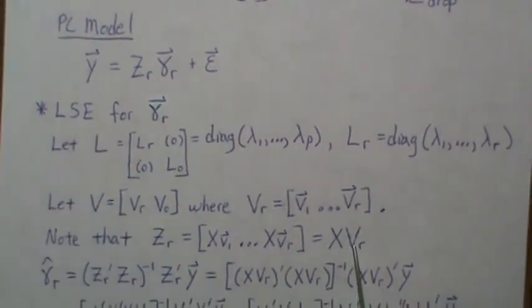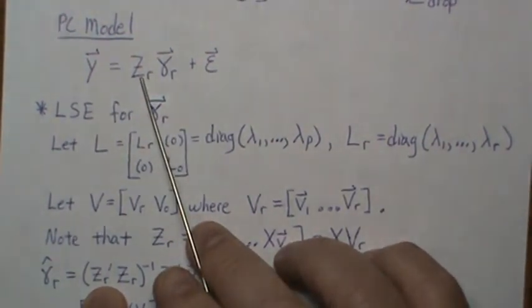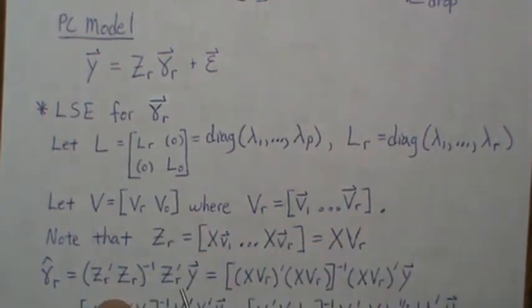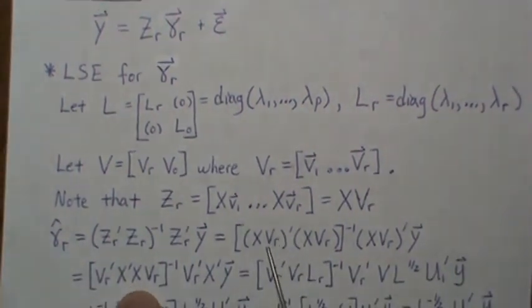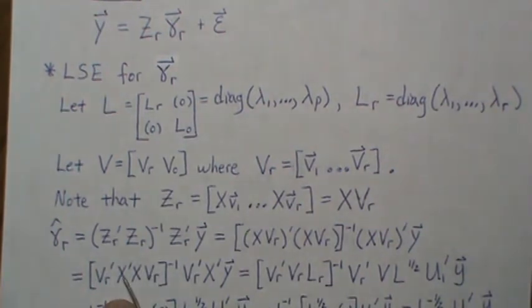Now let's find the least squares estimate. So the least squares estimate, remember, it's X transpose X inverse X transpose Y, and that's what we do here. So this is like the new X. But now let's write what Z_R is. It's this. Unpack it. Now let's transpose that in, and we get this. But these are eigenvectors of X transpose X. So then we get the eigenvectors times the eigenvalues.